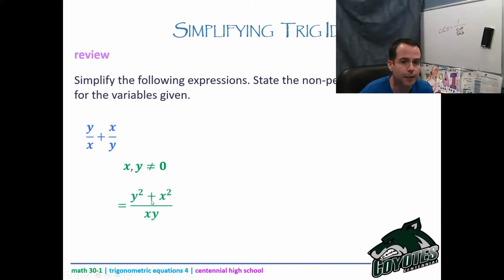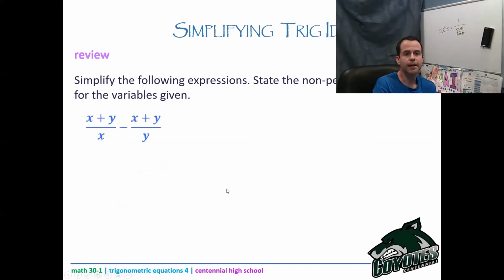So when I multiply this by y over y, I end up with y squared over xy. And when I multiply this by x over x, I end up with x squared over xy, which gives me y squared plus x squared all over xy, okay?